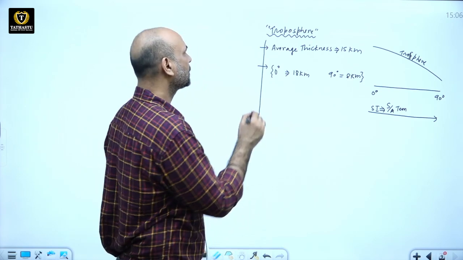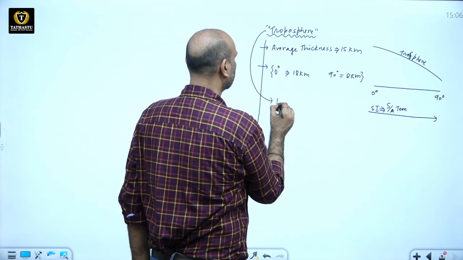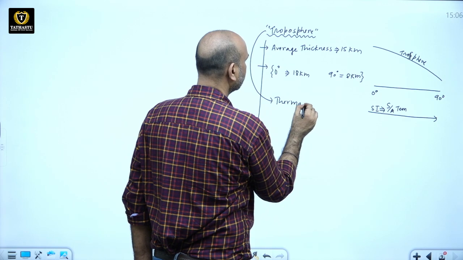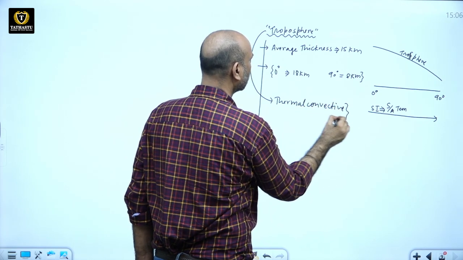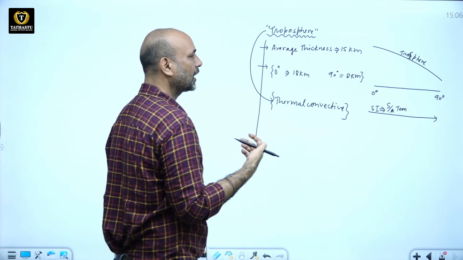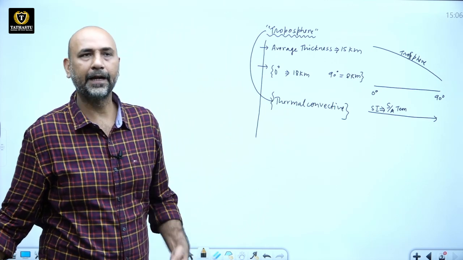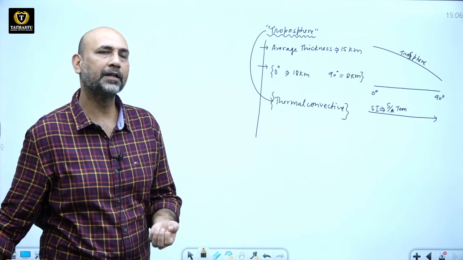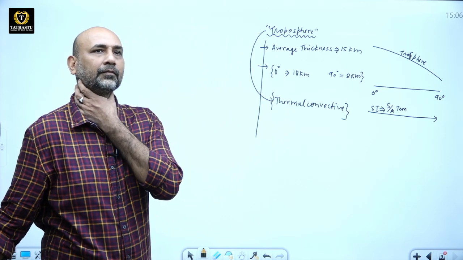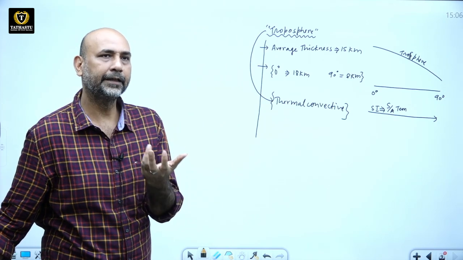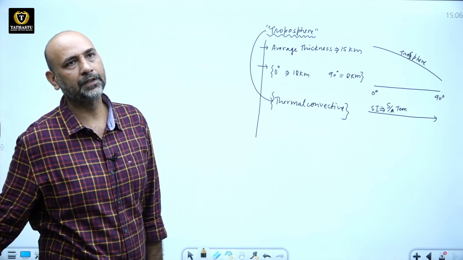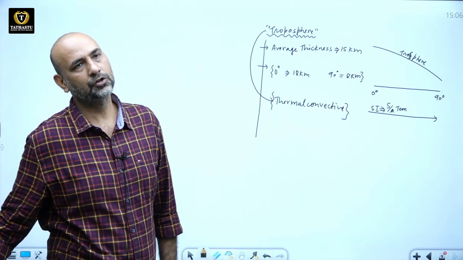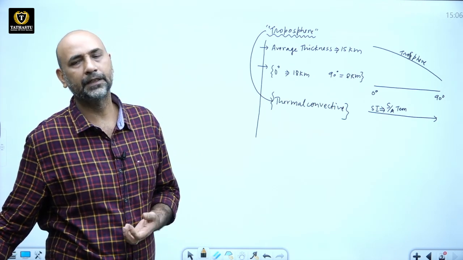Means the troposphere is thermal convective in nature. How does thermal convection occur? With surface and atmospheric heating. With atmospheric heating from the surface, hot and lighter air rises. The hotter and lighter it is, the more vertical distance from the surface it will cover in the troposphere, so the increase in thickness.